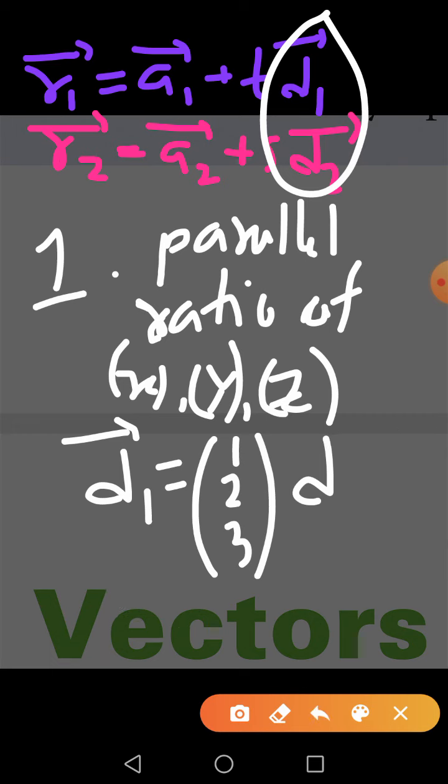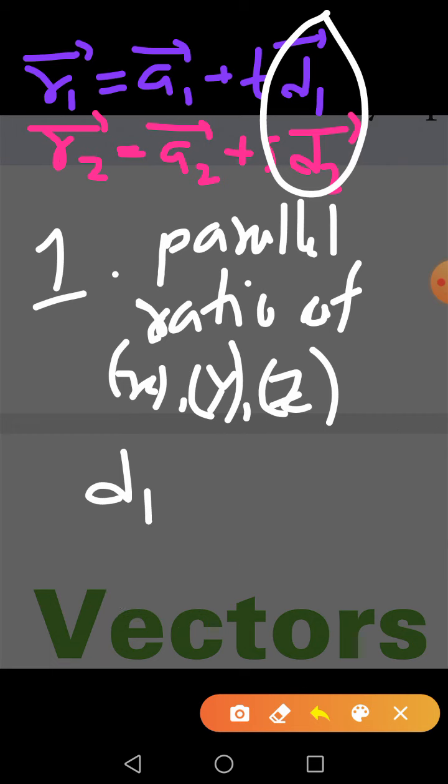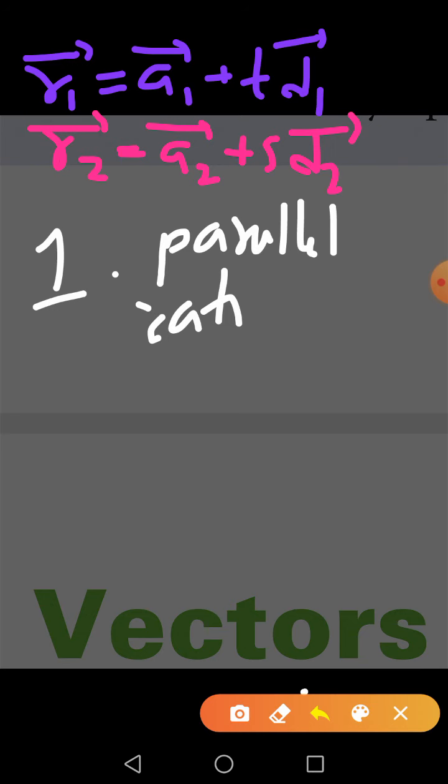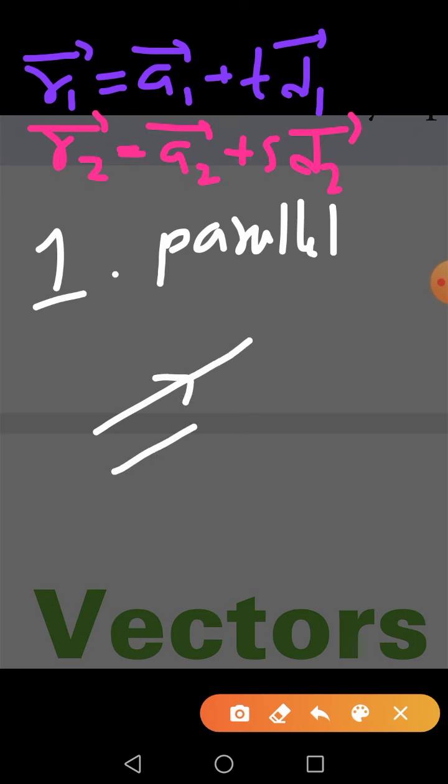Okay. Now there is one more issue: the lines are parallel, but they may also be the same lines. Parallel means they are in the same direction, which may be like this, or which may be like this.